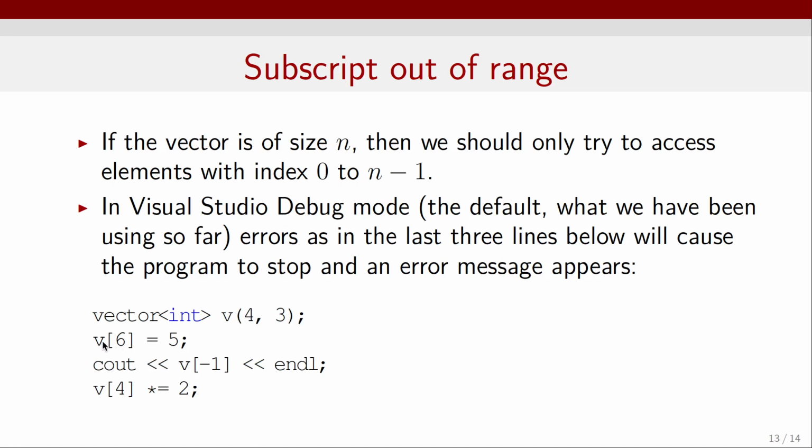If I try v of 6 to set that equal to something, I'm going to get an error. If I try to access v of minus 1 and print it on the screen, I'm going to get an error. If I try v of 4, I'm going to get an error. All of those are out of range. So if the size is 4, I should only try to access the elements v of 0 up to v of 3.